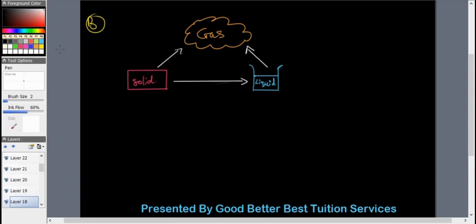Now we want to see what it would be called from a solid to a liquid to a gas, or a solid to a gas. I'm just going to use another color here. From a solid to a gas, it'll be called sublimation. There's no N. Then from a solid to a liquid, obviously we'd melt it.